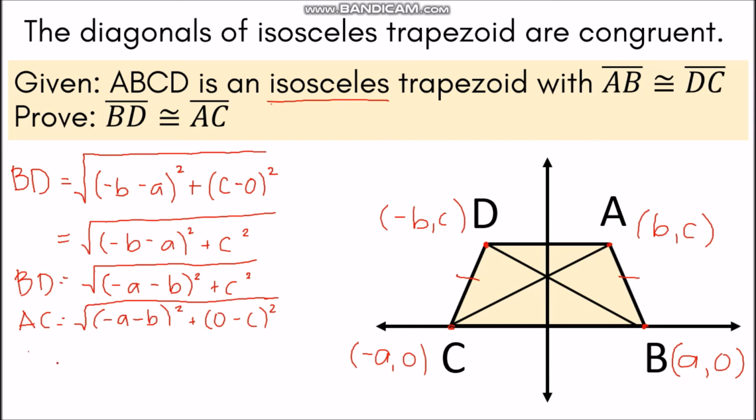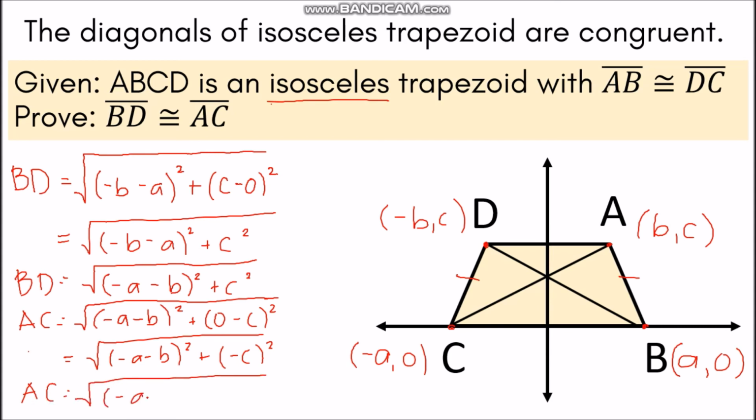Then this is equal now to negative a minus b squared plus negative c squared, or AC is equal to the square root of negative a minus b, then squared, plus c squared.